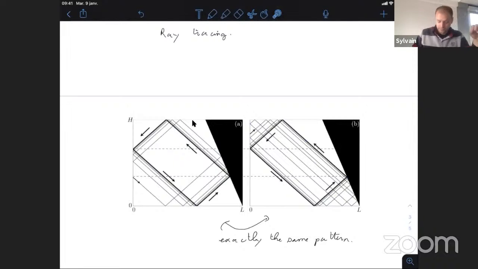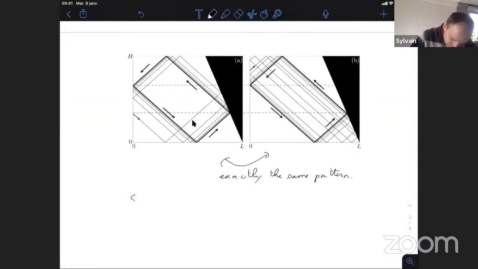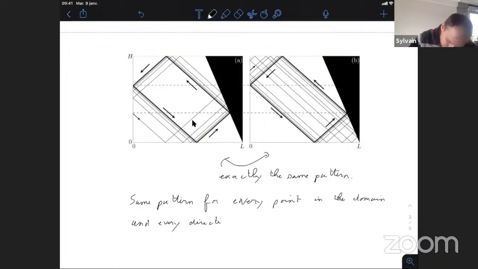Exactly the same pattern for every point in the domain, and every direction of the internal wave beam.